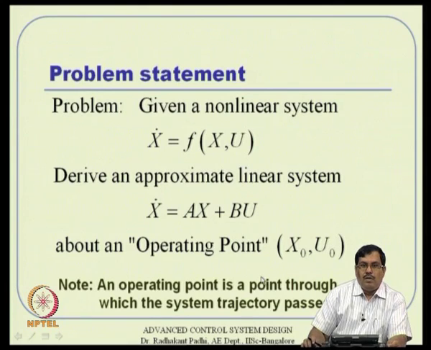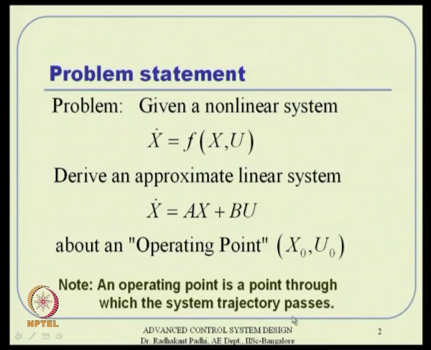Now, also remember that by operating point we do not necessarily mean that it is an equilibrium point. Equilibrium point just happens to be one of the operating points. So, what is an operating point? By definition, an operating point is a point through which the system trajectory passes.